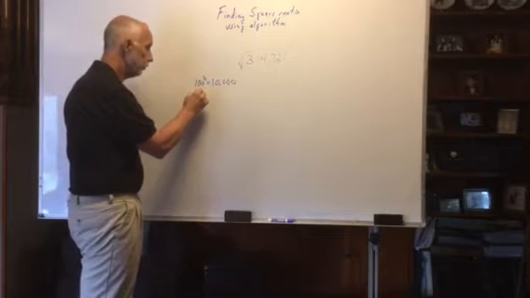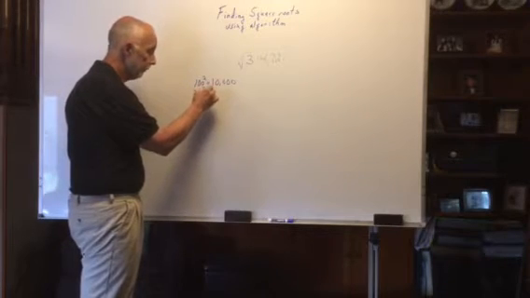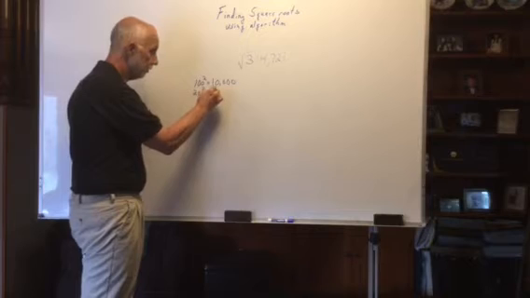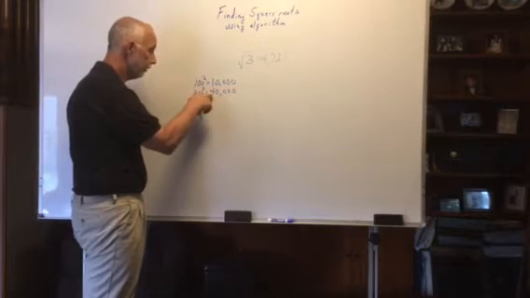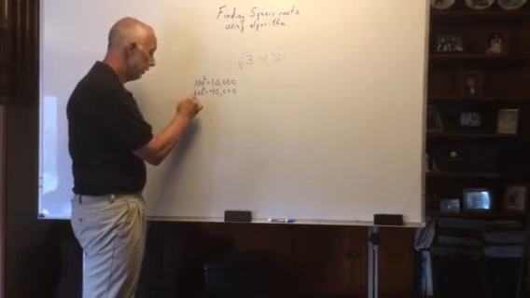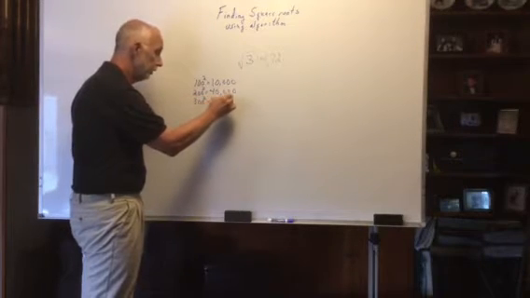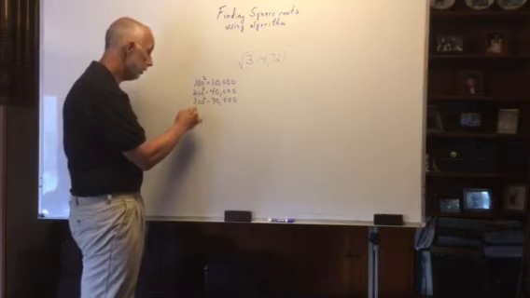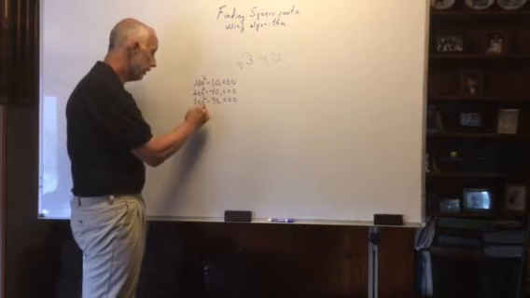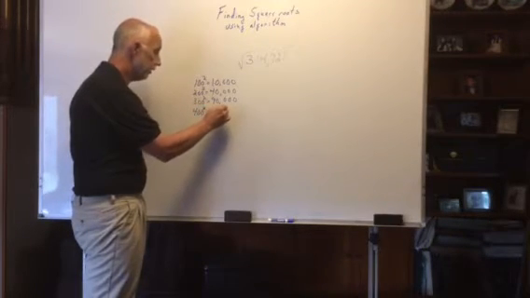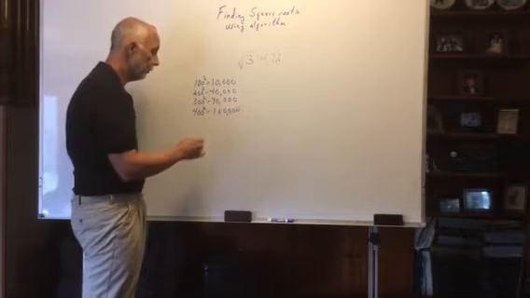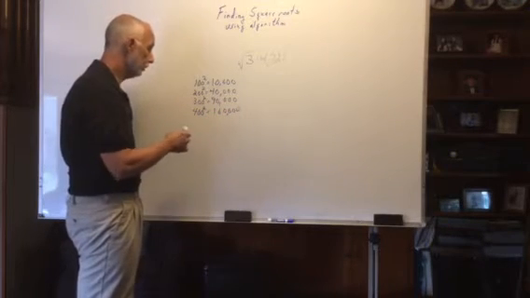So 200 squared would be 40,000, because 2 squared is 4 with 4 zeros. 300 squared would be 90,000. Still not even close to here. 400 squared is 160,000.